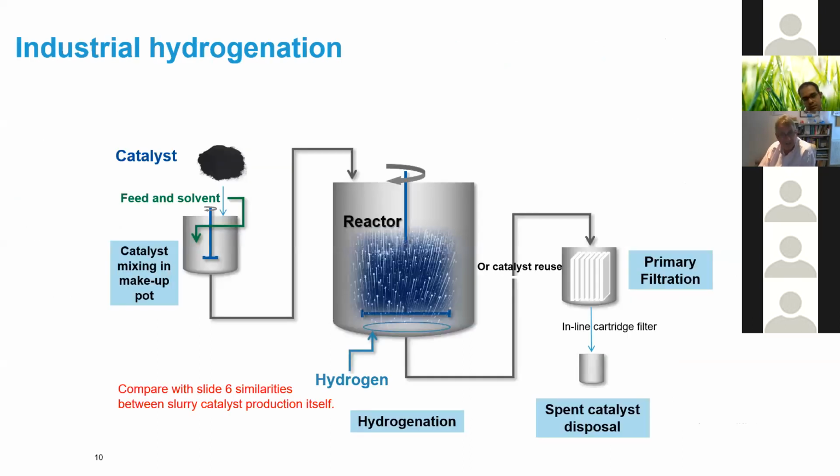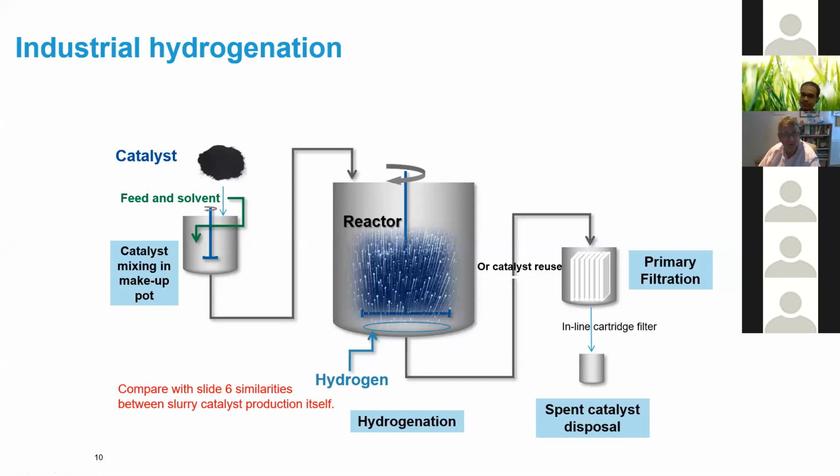So let's have a look at an example of industrial hydrogenation. And actually, the equipment that is used is very similar to what I showed you in slide 6, how you manufacture a catalyst. The differences are quite often you have a catalyst makeup pot. Not always, but what a catalyst makeup pot lets you do is slurry the catalyst with a little bit of feed. Usually you're using a solvent in this.